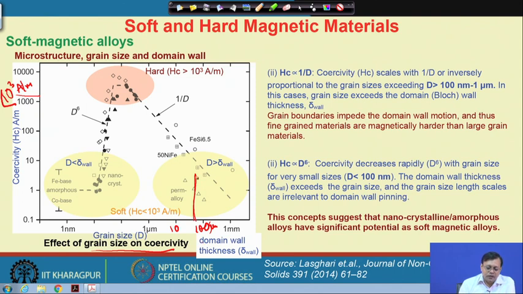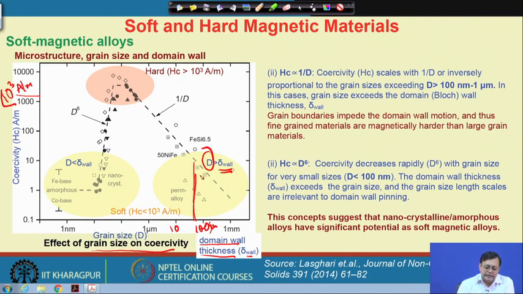In this larger grain size regime, the domain wall has a thickness delta wall and the grain diameter is larger than the domain wall. So, it basically says that I may have multiple magnetic domains inside a grain.